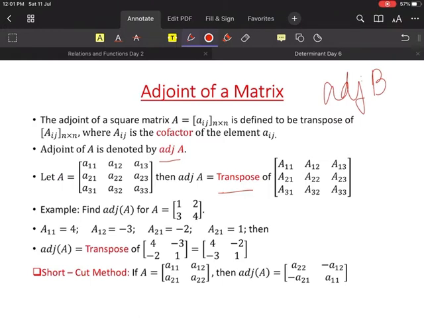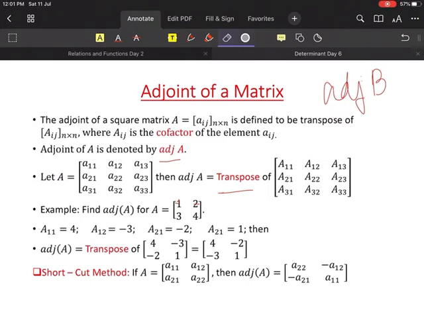Now everyone tell me, what is the cofactor of A11? It is minus 1 to the power 1 plus 1. It's an even number, so it is positive. Cut this row and column, and the cofactor of A11 is 4. You have a very good idea of cofactors, right?